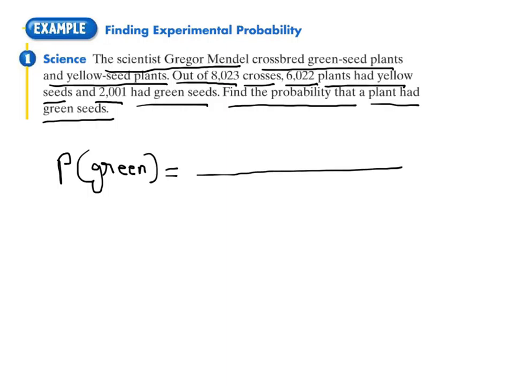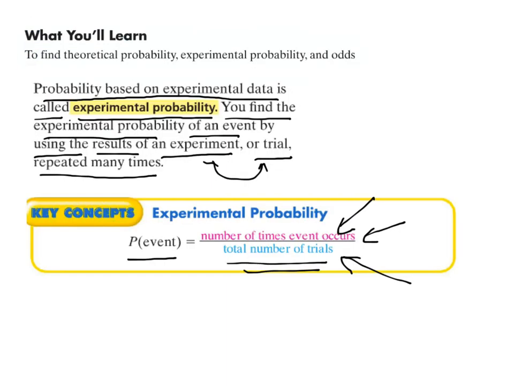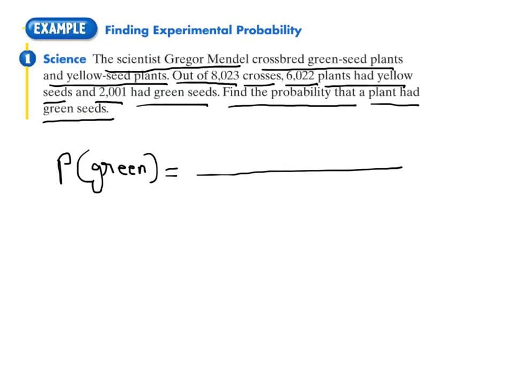How do you find the probability? It is the total number of trials. The total number of experiments Gregor Mendel did was 8,023. We are looking for green. How many times did he land up with the green seeds? 2,001.